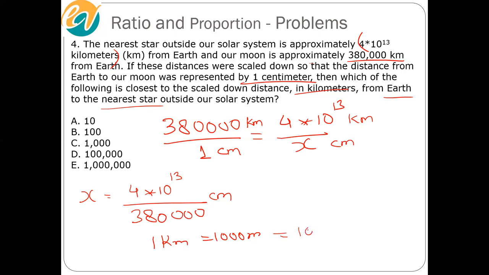So this would be 1,000 meters into 100, that's the centimeters, which would be 10 to the power 5 centimeters. So basically 1 kilometer is equal to 10 to the power 5 centimeters.